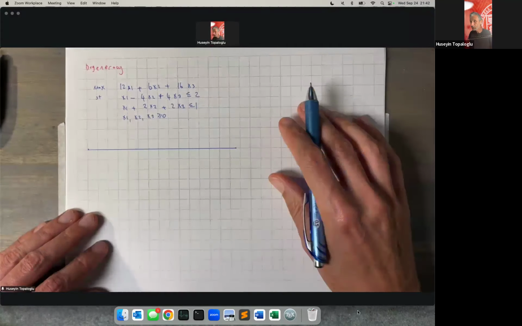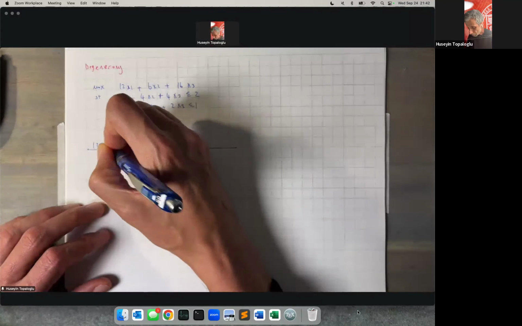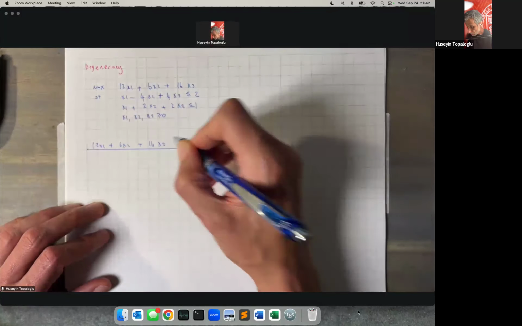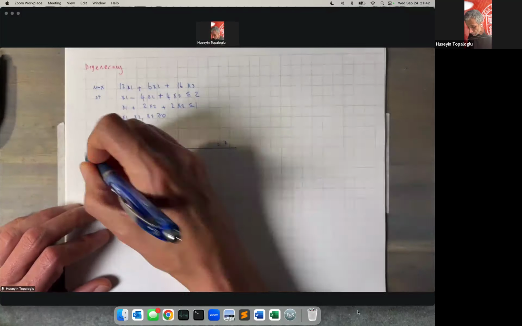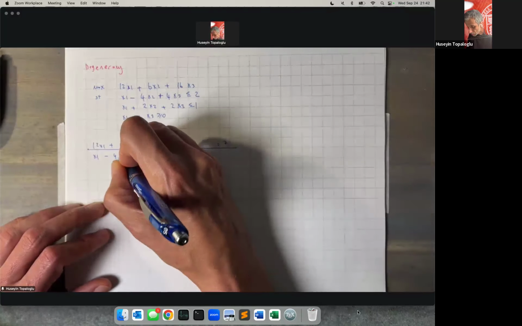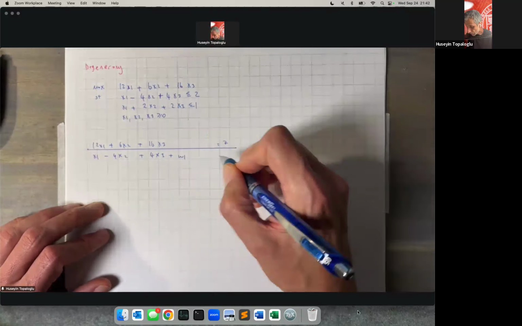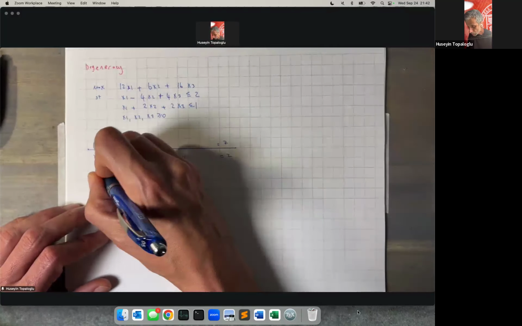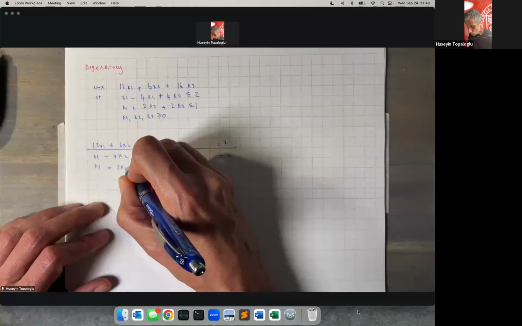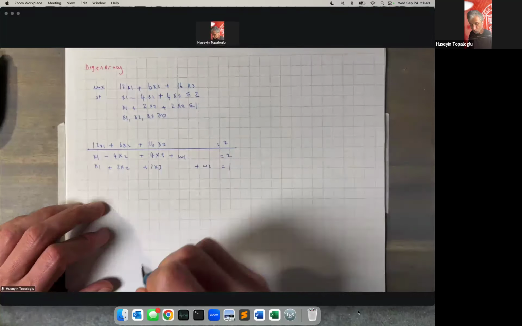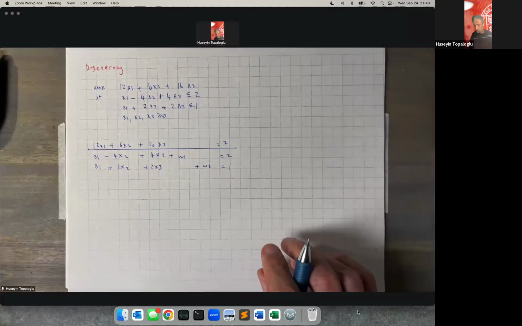Here is the system that we start with. 12x1 plus 6x2 plus 16x3, that is our objective row. First constraint: x1 minus 4x2 plus 4x3 plus the slack W1 is equal to 2. Second constraint: x1 plus 2x2 plus 2x3 plus the slack W2 is equal to 1. This is the system of linear equations that we start with.